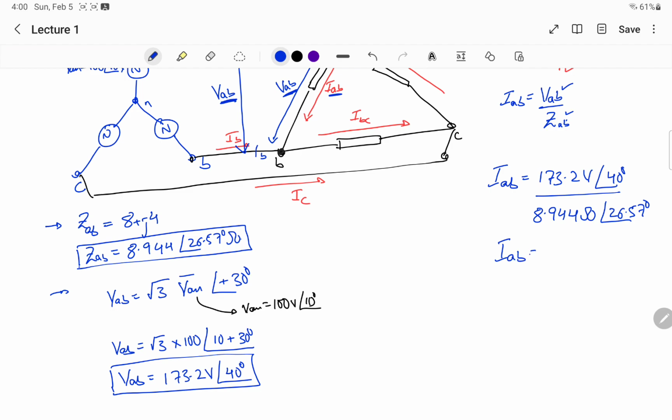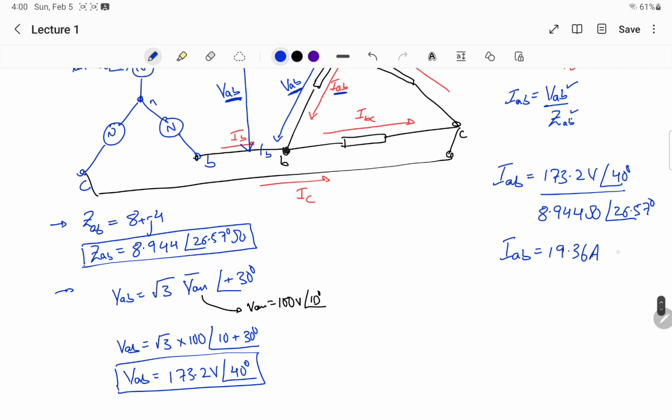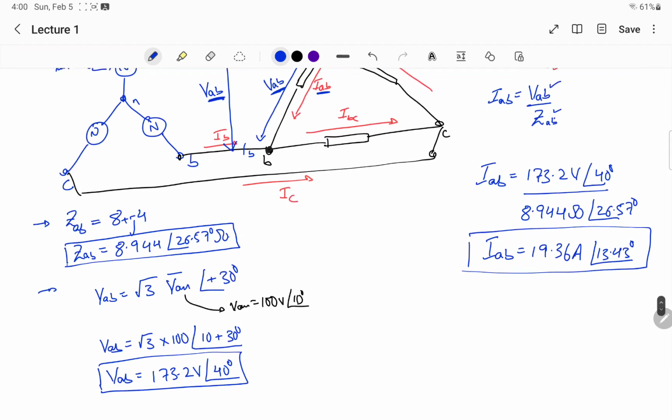So IAB will become 19.36 with angle 13.43 degrees. Now you have calculated IAB.